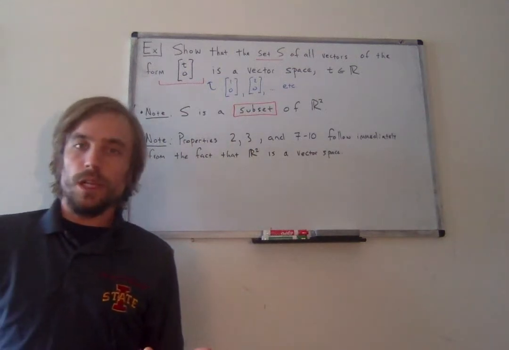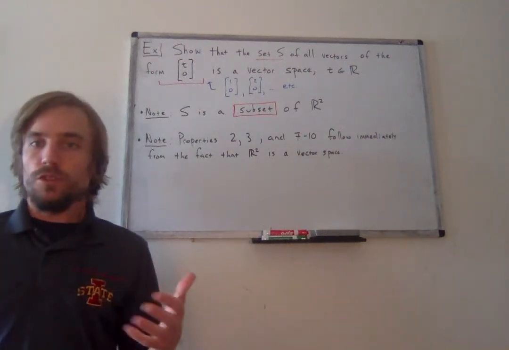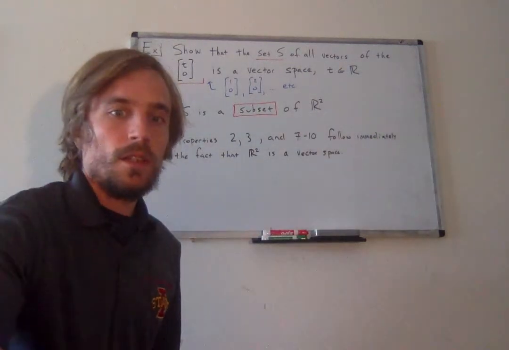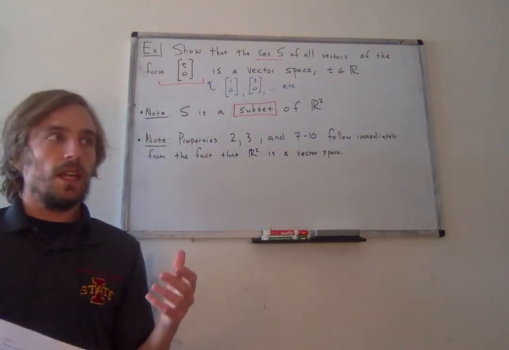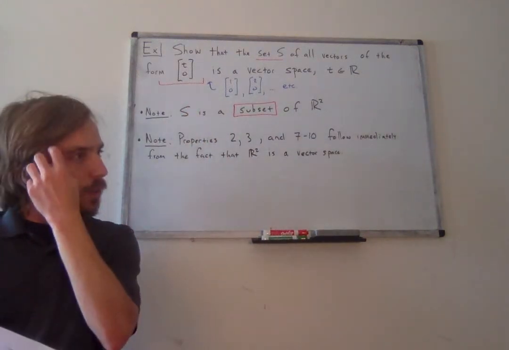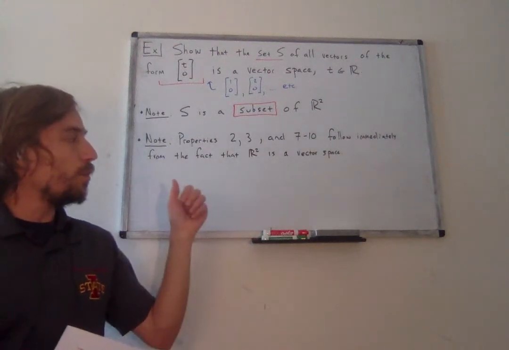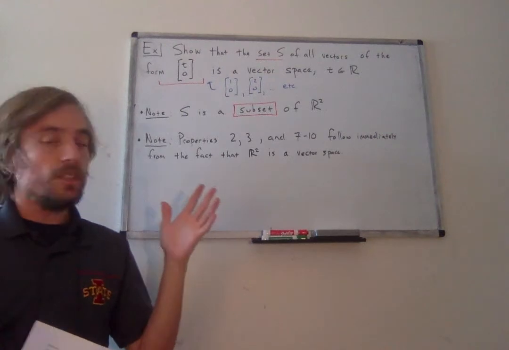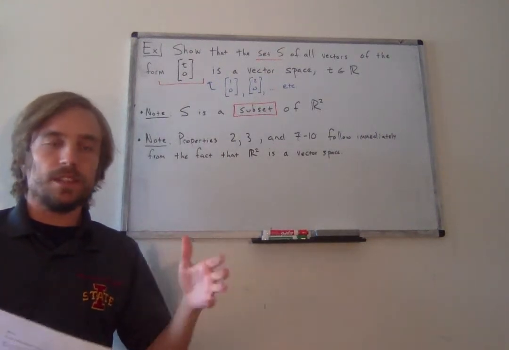Same with property 3, the associative property of addition. That's true of any vector in R2, so it's true about all of these vectors in S. So we only need to check the conditions that are specific to S, which would be 1, 4, 5, and 6.